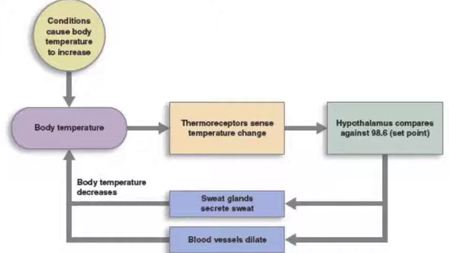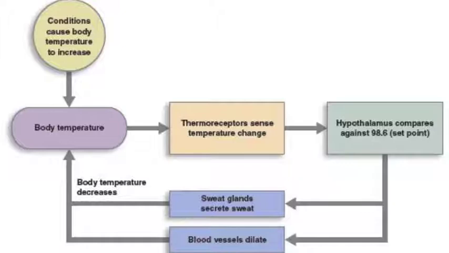The stimulation has three major effects. The first effect is that the blood vessels in the skin begin to dilate, allowing more blood from the body core to flow to the surface of the skin, allowing the heat to radiate into the environment.